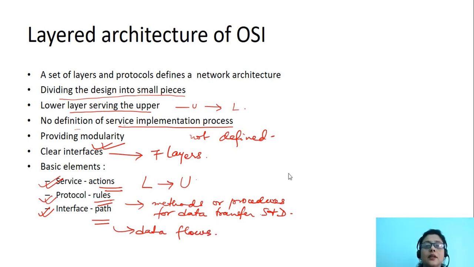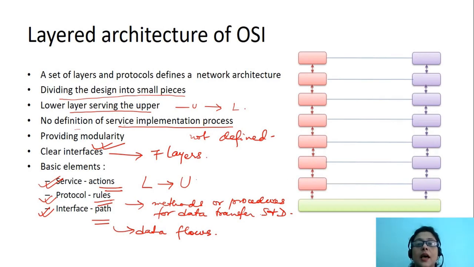Now let us look at the different layers of OSI. As we said, there are 7 layers of the OSI model. Starting from the lowest layer, we have layer 1. Layer 1 is the physical layer. Layer 2 is the data link layer. Layer 3 is the network layer.